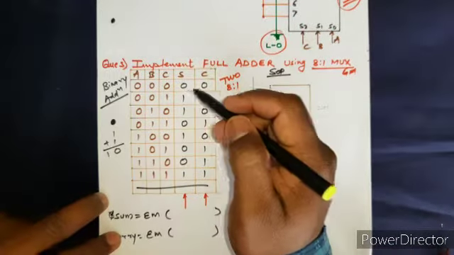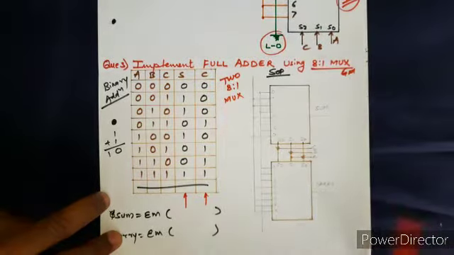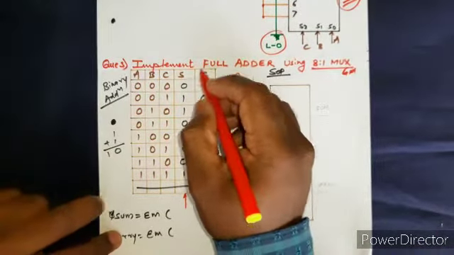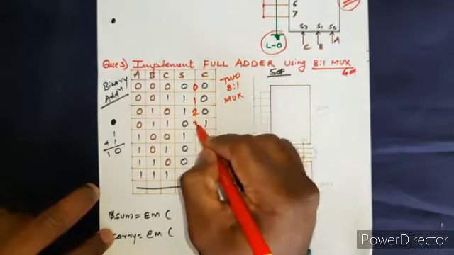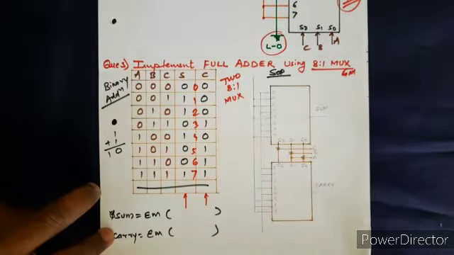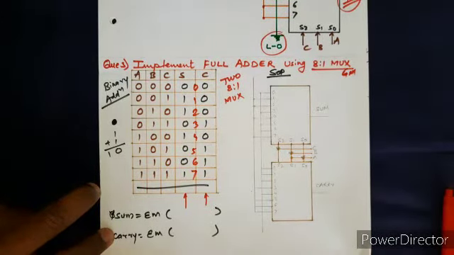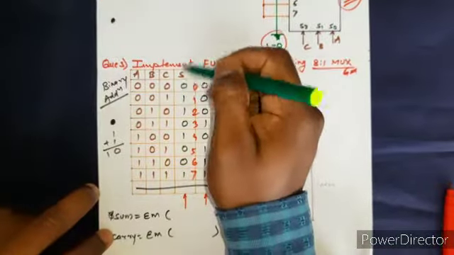Now just look at these entries of sum. If I put decimal numbers here, this is 0, 1, 2, 3, 4, 5, 6, 7. Now which decimal numbers correspond to binary 1 for the sum column?